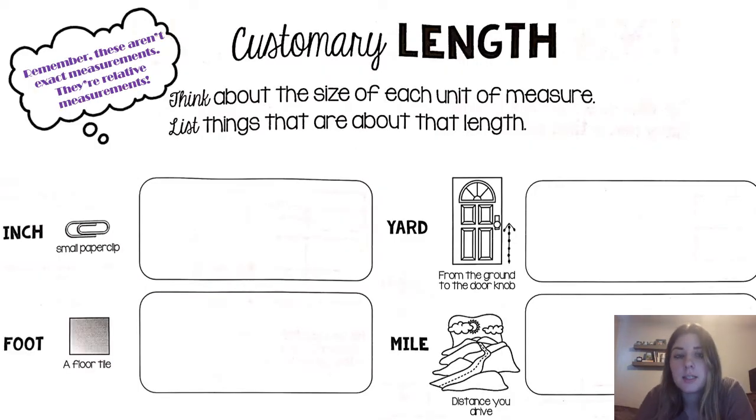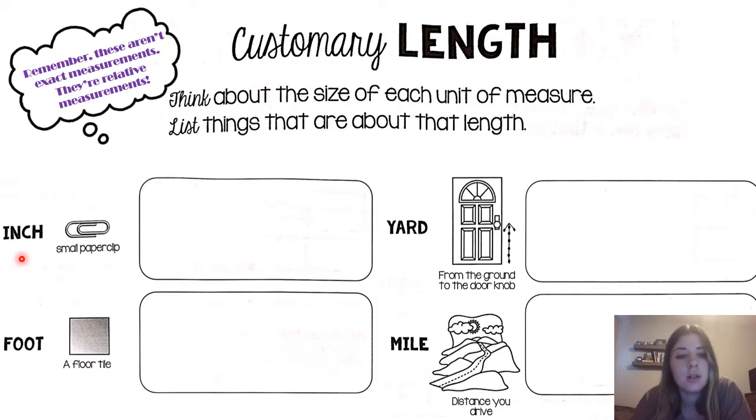Today we're going to be discussing relative measurements. That means we're not talking about the exact measurement, how much it is, or how much one equals another. We'll be thinking of items that are about that size to give you an idea of what these units really are.